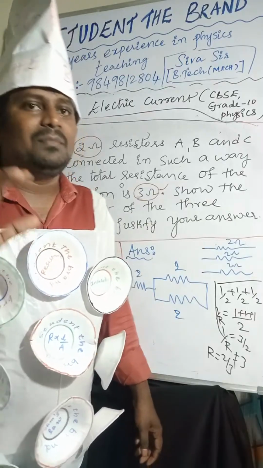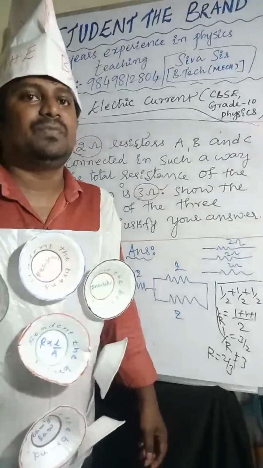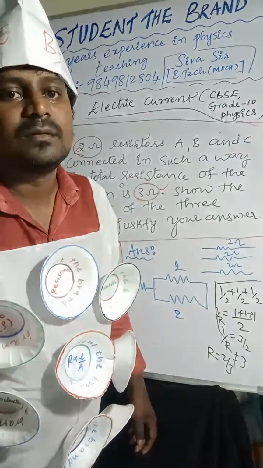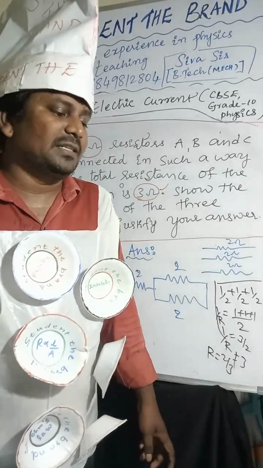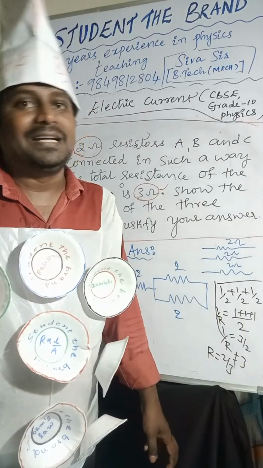Thomas Alva Edison failed 1,000 times before finding the electrical bulb. But still he didn't give up.